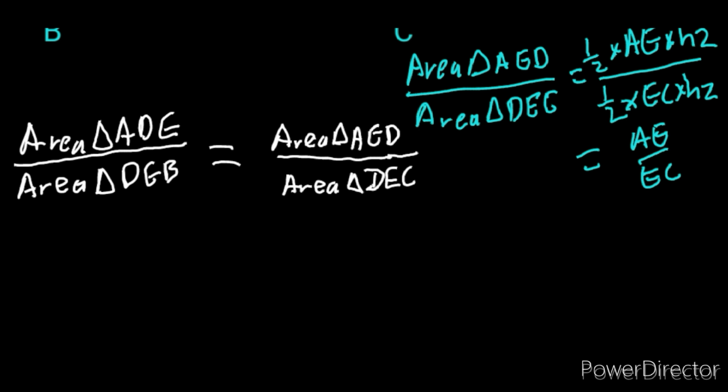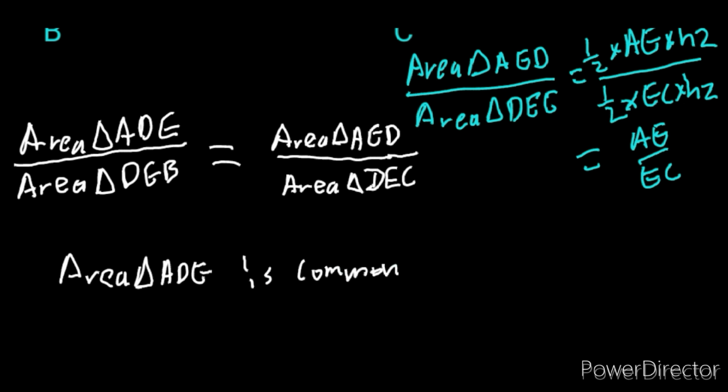So you will tell them that they're equal. Why are they equal? They're common. Notice that we have been referring to the same triangle. So you will just say, area of triangle ADE is common. So these two triangles are common.